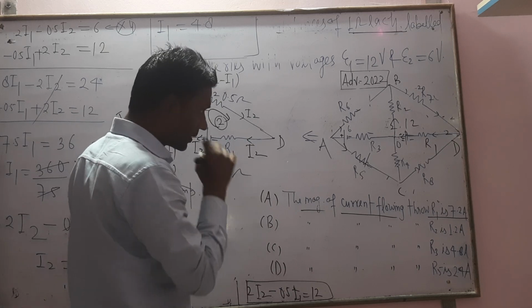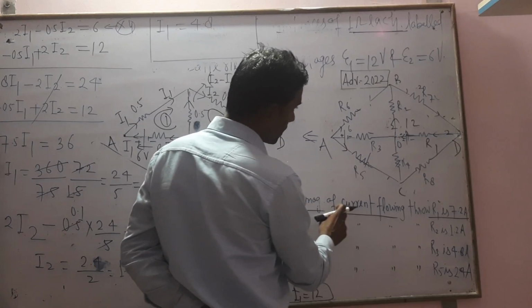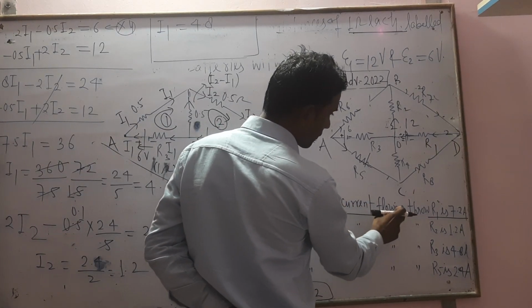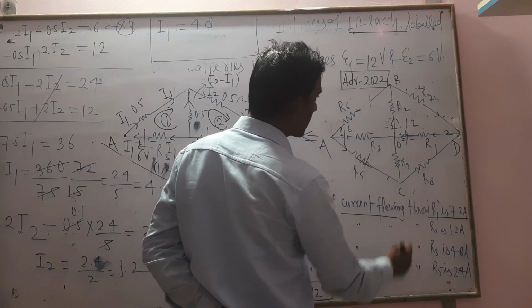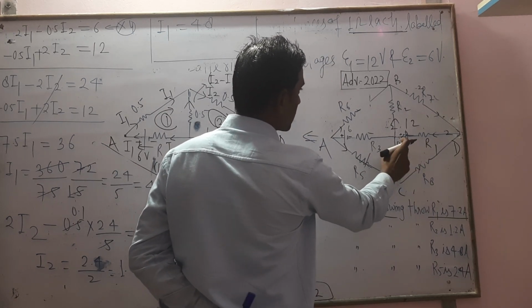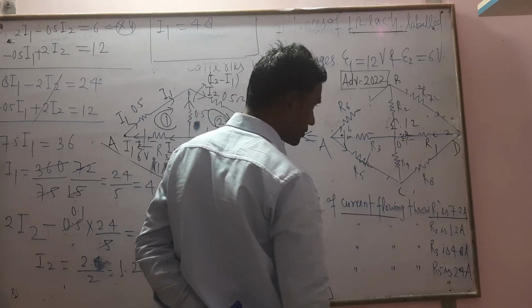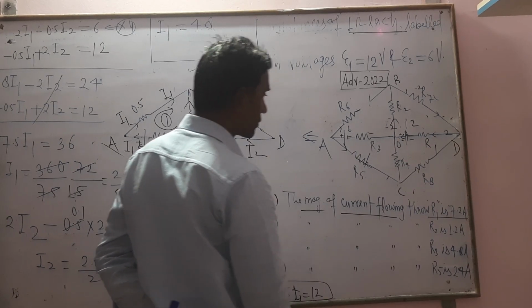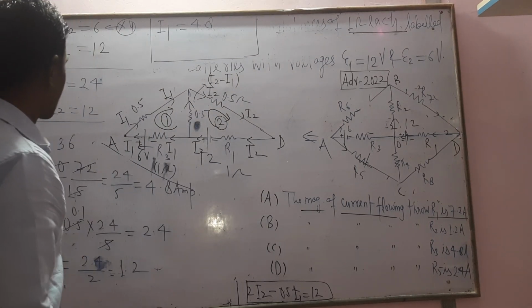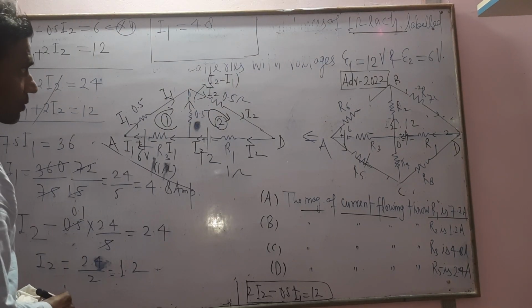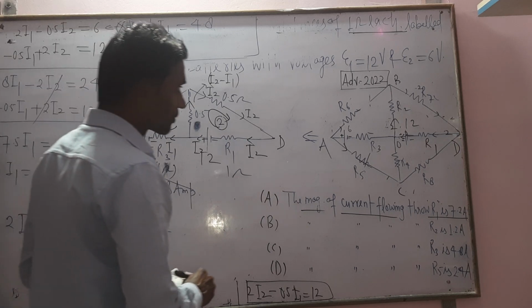Now check the magnitude of current flowing through R1. R1 is here, and that is the current I2. Then R1 equals 7.2.